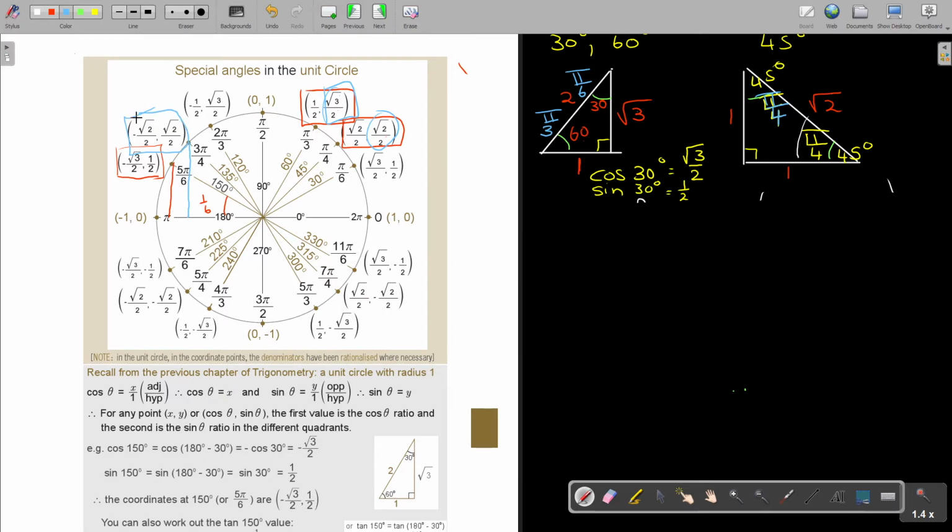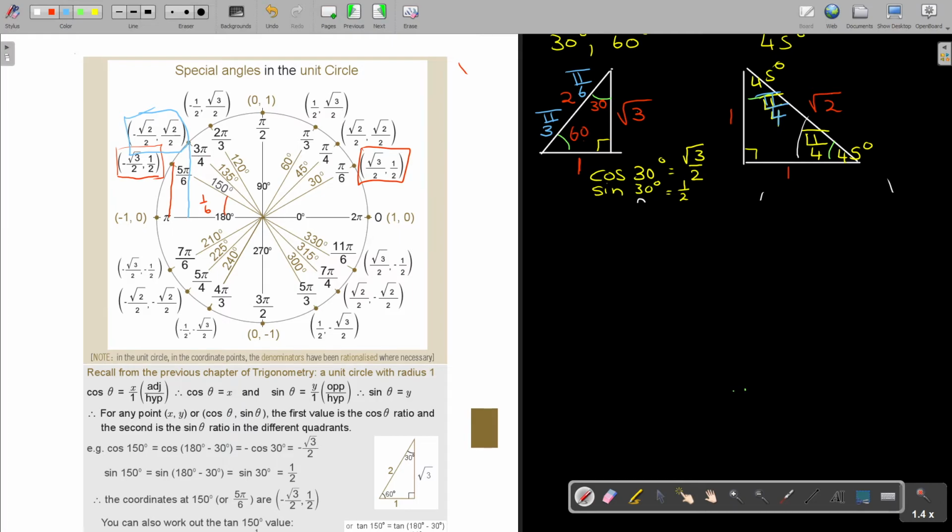So if I know my unit circle, I can just remember this is cos, sin. So don't forget, in this quadrant, cos will be negative, and in this quadrant, cos will be positive. This is exactly the same. Can I just show you here? This is going to work with this one. Let's just make it red.